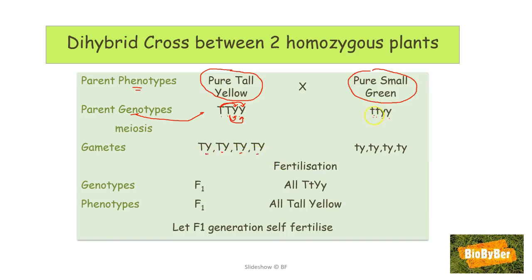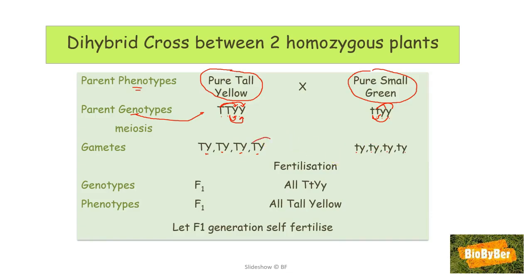From the other parent, we get the same thing. We have 4 possible gametes, each a small t with a small y. So basically, in a nutshell, all the gametes are the same as each other, all small t, small y.